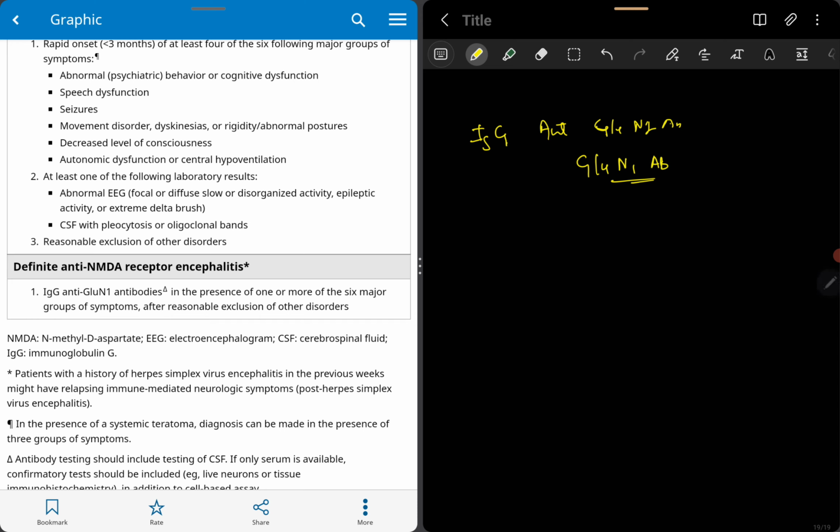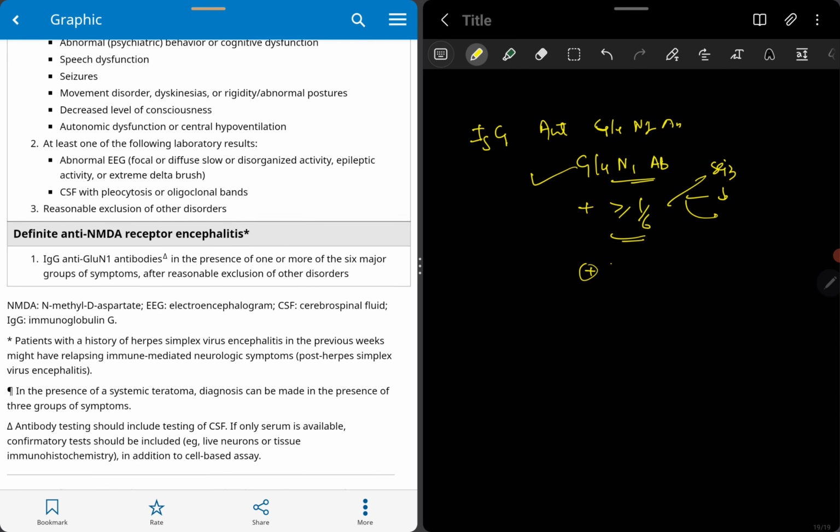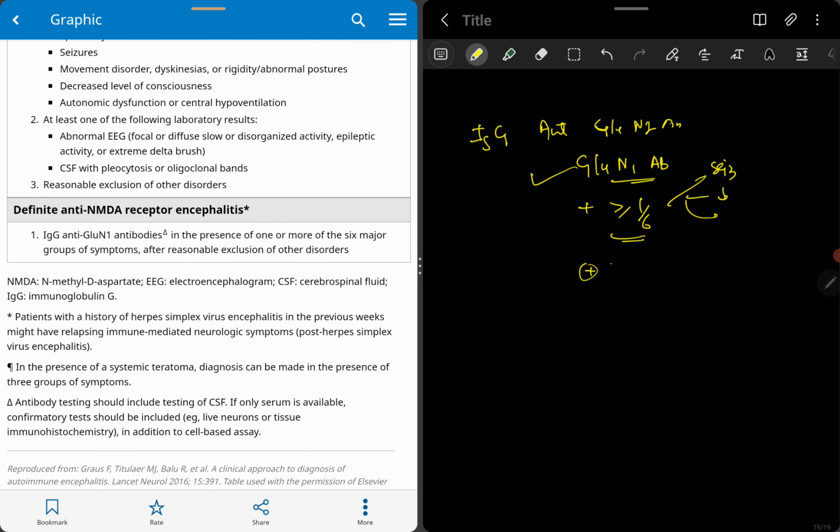So if you get this antibody plus greater than or equal to 1 out of 6 of those symptoms, which are seizures, decreased level of consciousness, motor abnormalities, movement disorder, rigidity, abnormal posturing, autonomic dysfunction or central hypoventilation, speech dysfunction, plus exclusion of other diagnostic possibilities, then you have autoimmune encephalitis.